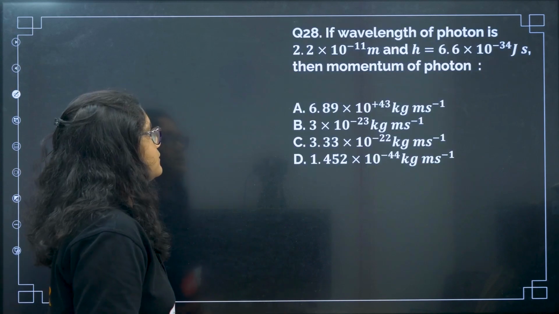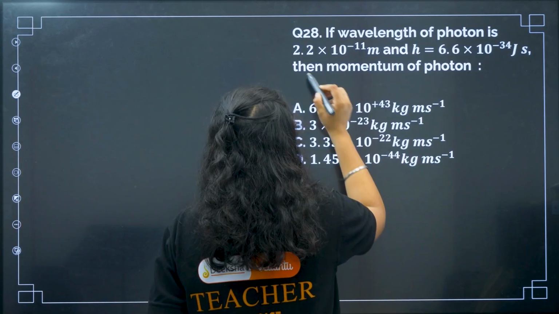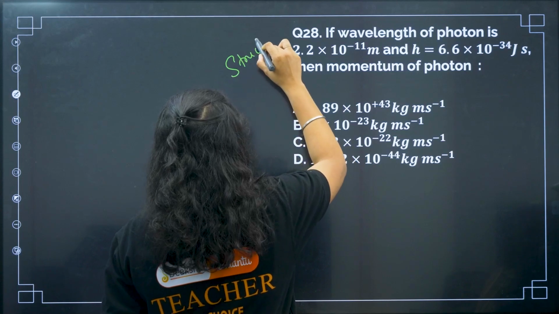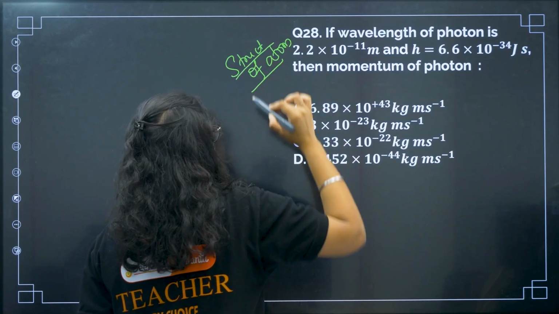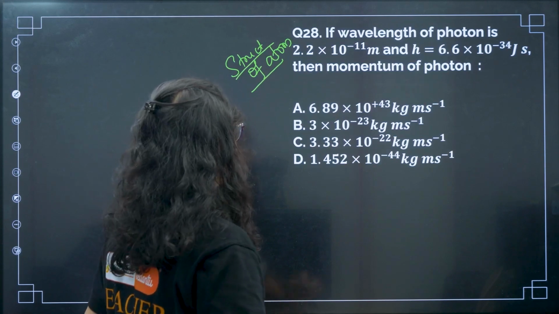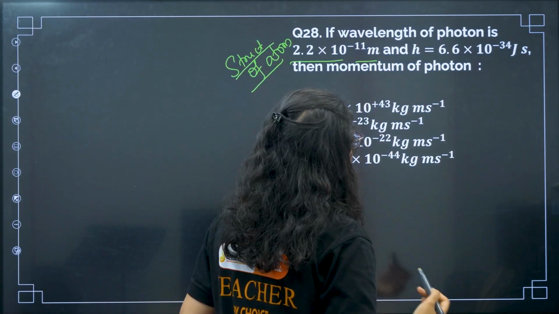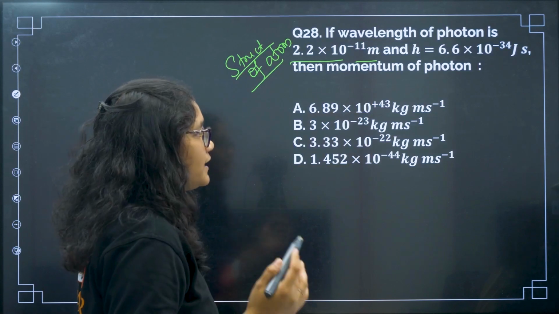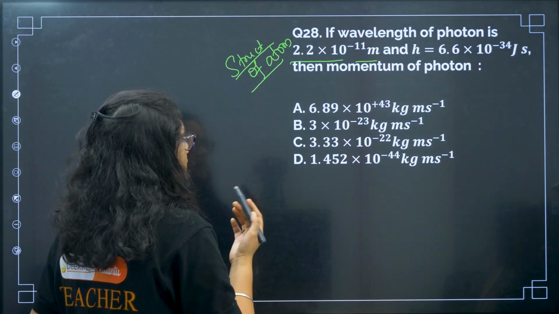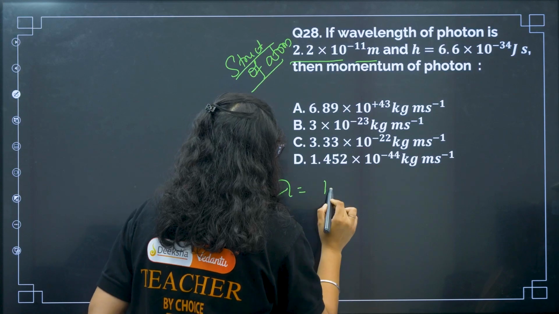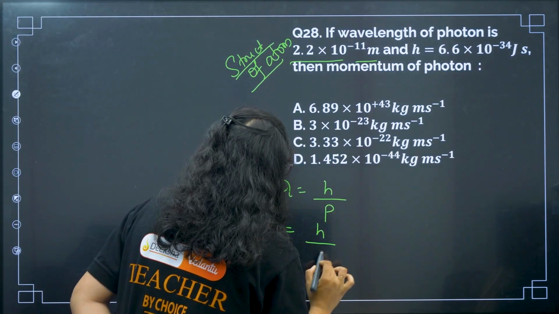Now coming to question number 28. If the wavelength of a photon is, so this is from your structure of atom, right? If the wavelength of the photon is 2.2 into 10 to the power of minus 11 meter and h is 6.6 into 10 to the power of minus 34 joule second, then momentum of the photon is. So we know this formula, de Broglie's wavelength, lambda is equal to h by p. So momentum will be h by lambda.